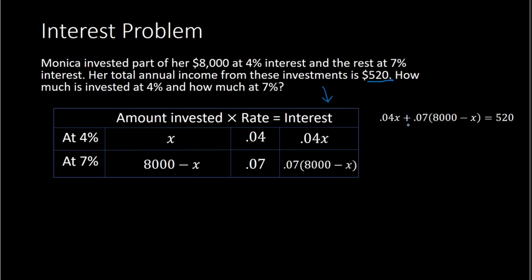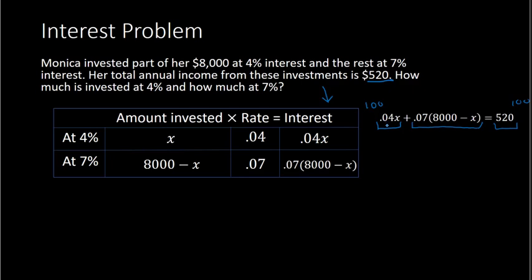To solve, we can get rid of the decimals if we wanted to. Realize that this is one term, and this here is like another term. So I can multiply everything on the left and the right side, even the 520, by 100. I choose 100 because 100 times these decimals would get rid of the decimals.